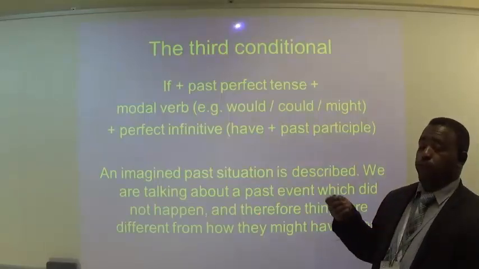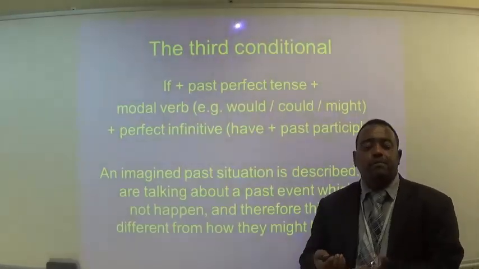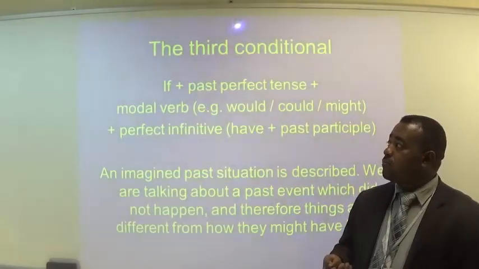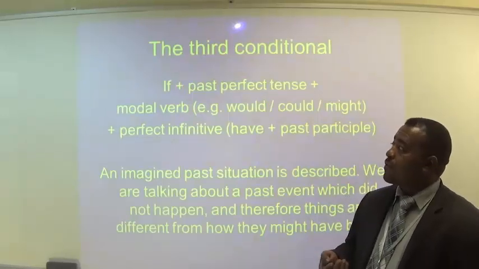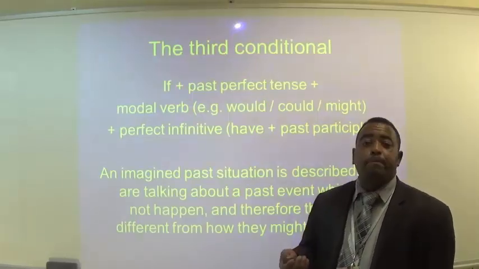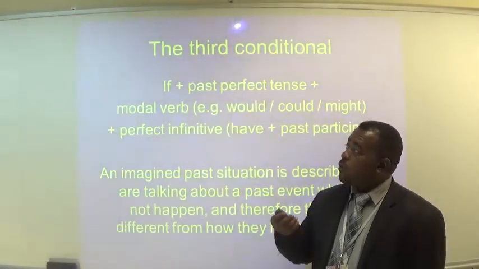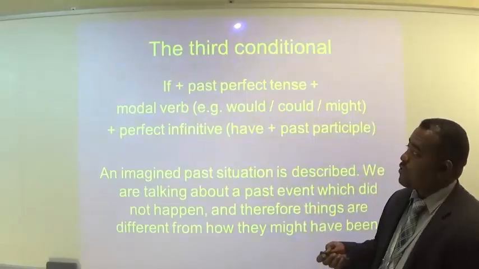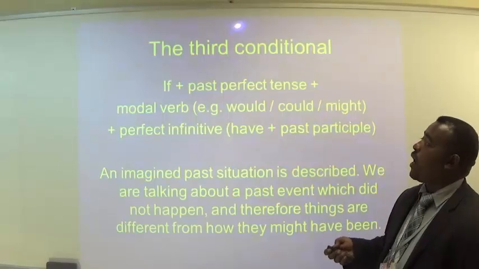Another thing, for the third conditional, the speaker expresses something he regrets, or he feels sorry about something that happened in the past, and he wishes these things hadn't happened to him or her.